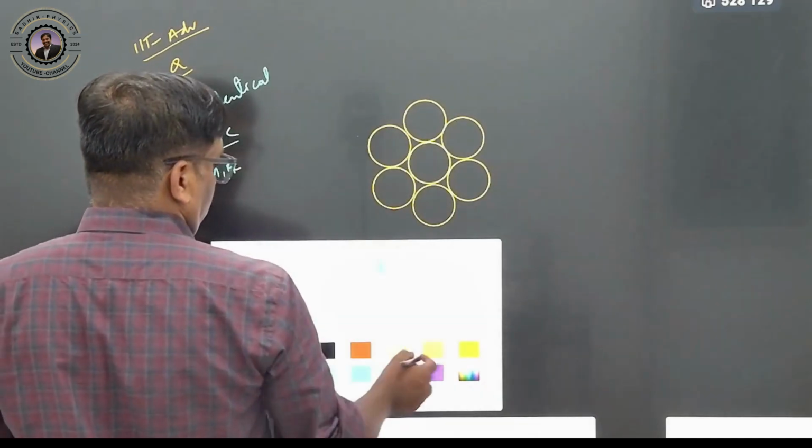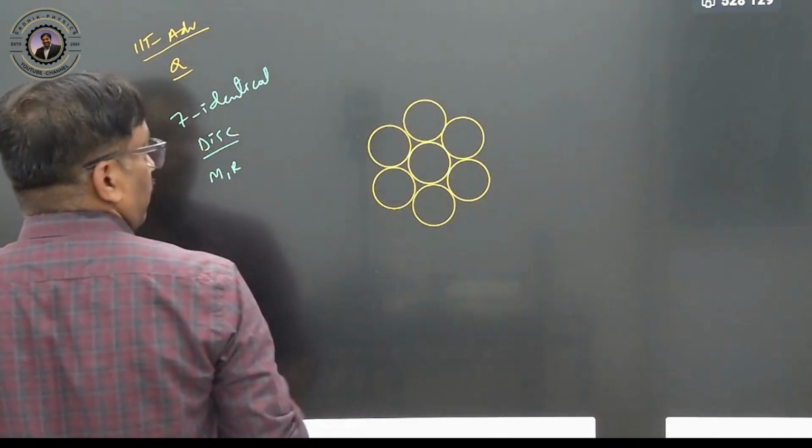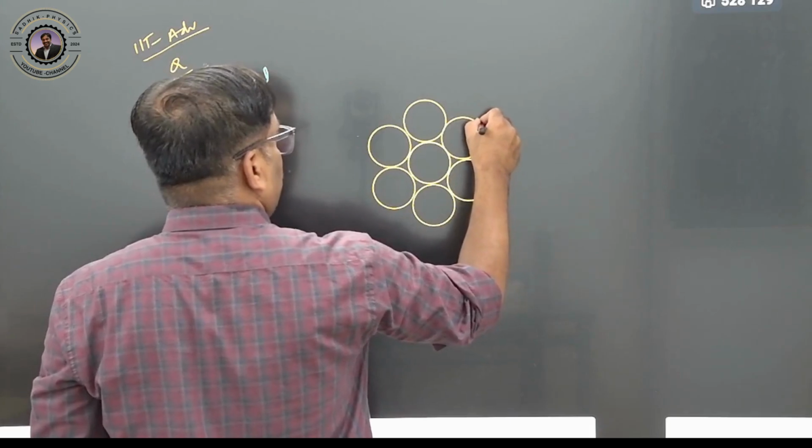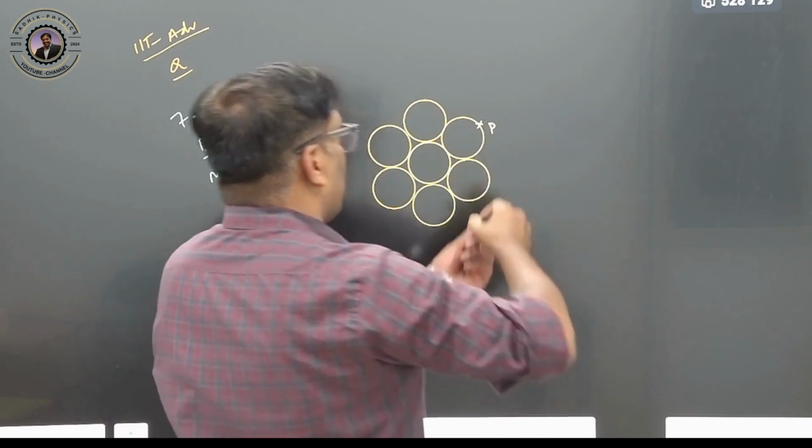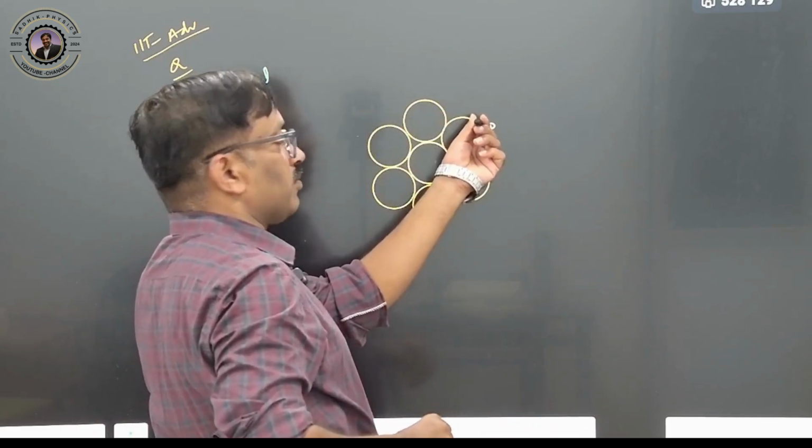Now we want to calculate the moment of inertia if an axis passes through this point, point P, perpendicular to this plane.